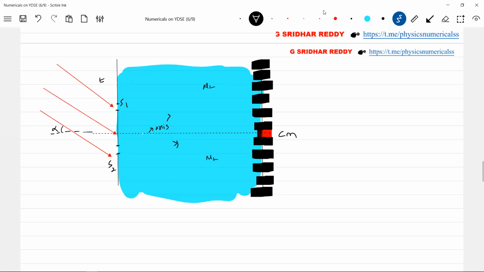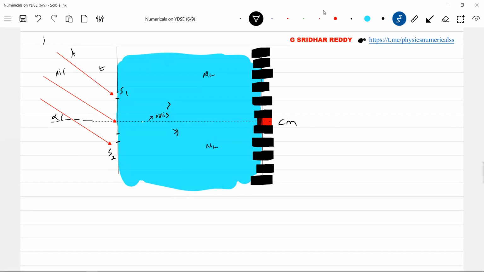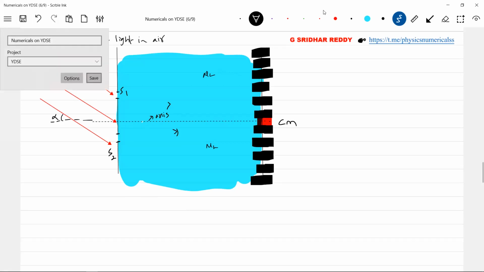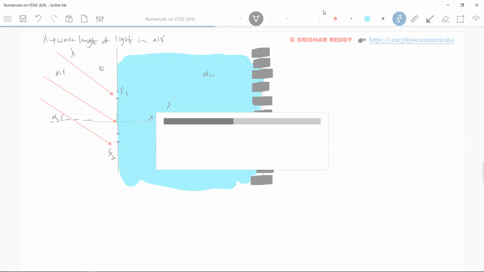Any changes? Let lambda be the wavelength of light in air. What is the strict condition? Lambda is the wavelength of light in air. No. I want the position of the central maxima.